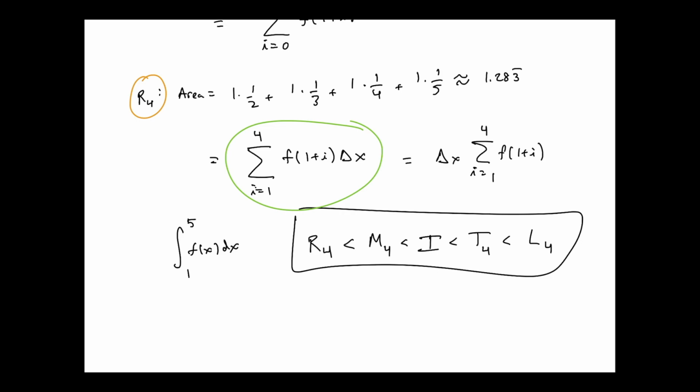The reason I can get away with that is, if they all have the same width, why don't I just add up all the heights and then multiply by the width? That's called factoring. Which one's more efficient computationally? Doing the factoring, because then how many multiplications do I actually have to compute?